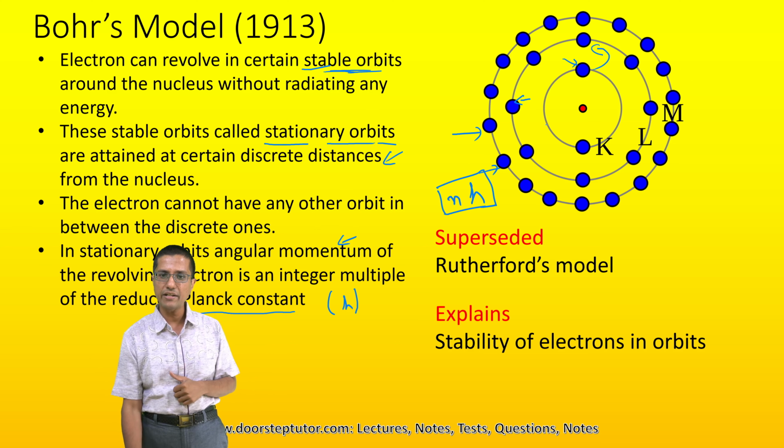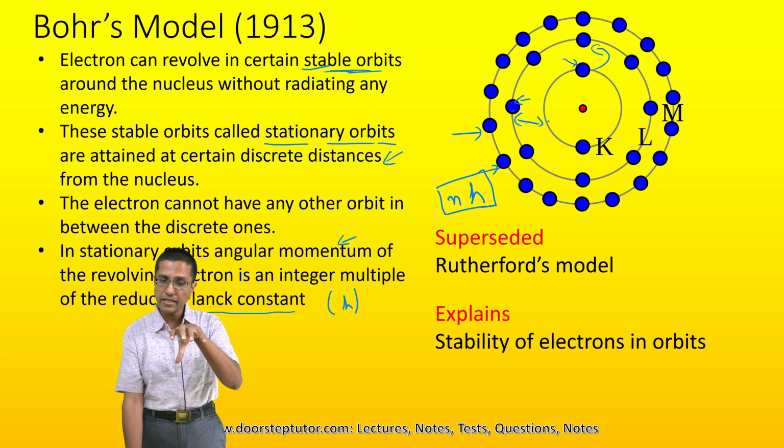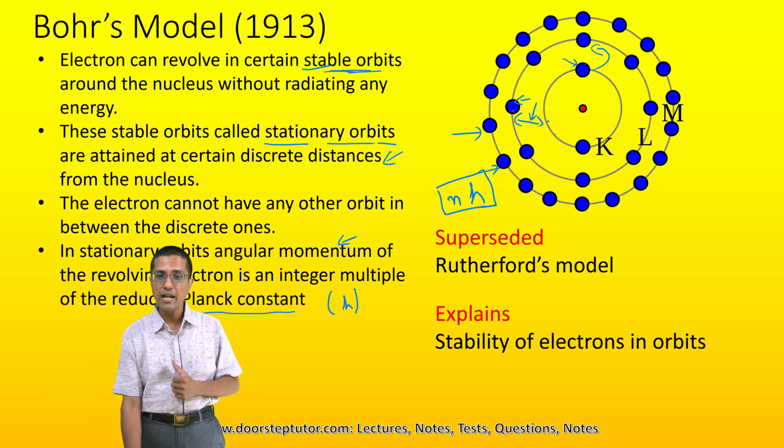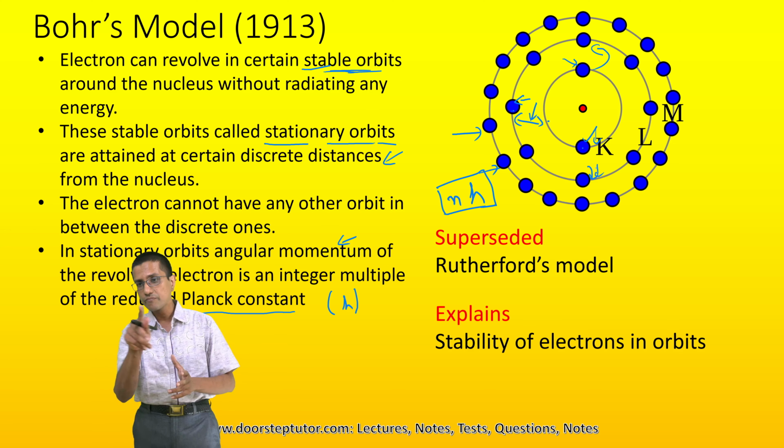So let's say that in going from this first orbit to the second orbit, I really need one quanta or one packet of energy. Then I don't have the ability, and that's what we have observed, to give half a packet of energy. So therefore, I cannot move this electron between this orbit and this orbit. Either it will be in this orbit, or if I give it energy, it will come to this orbit and start revolving there.